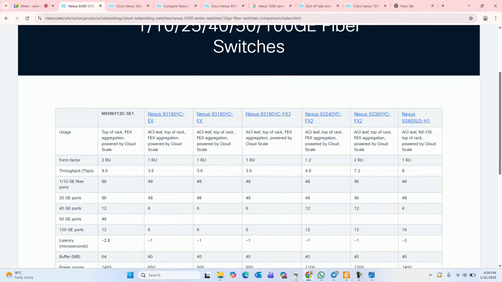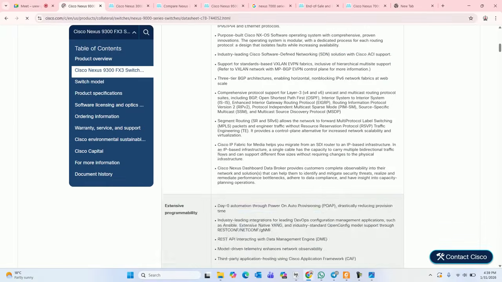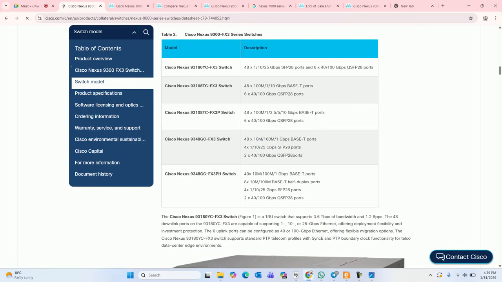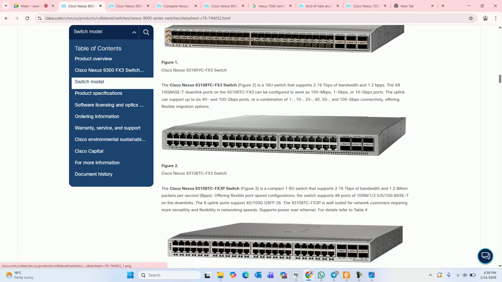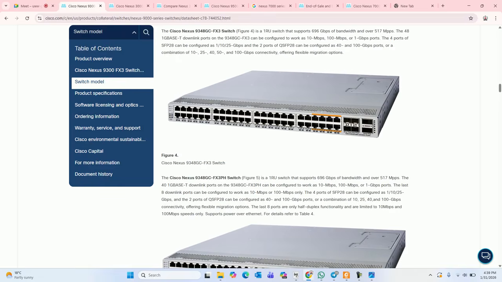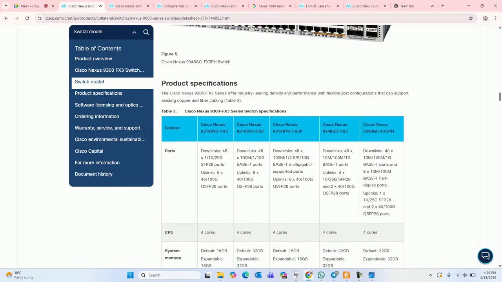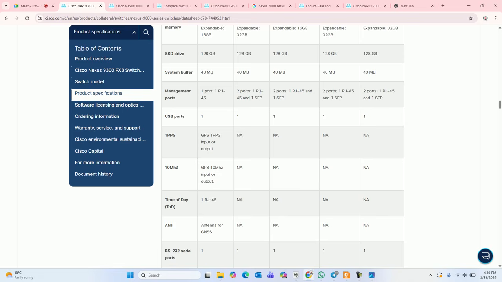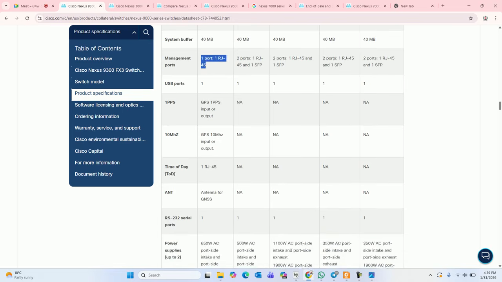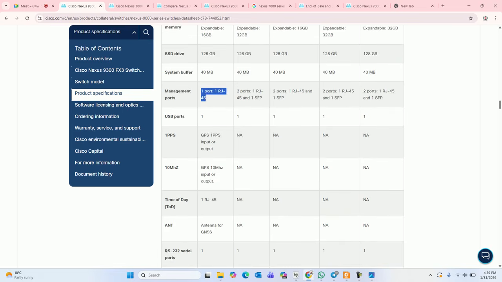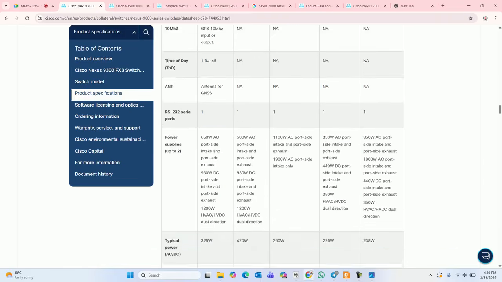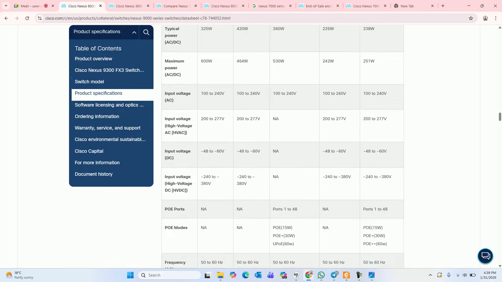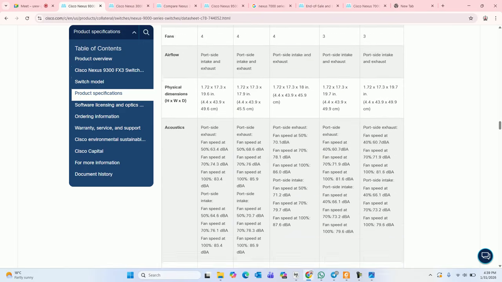FX3. I think this is the switch, right? CPU management port. So this must be the information with the console also.